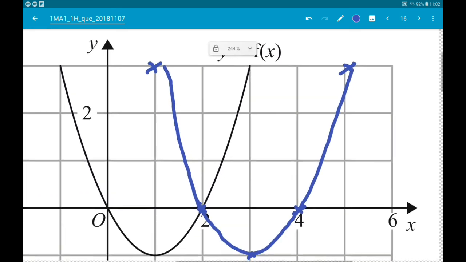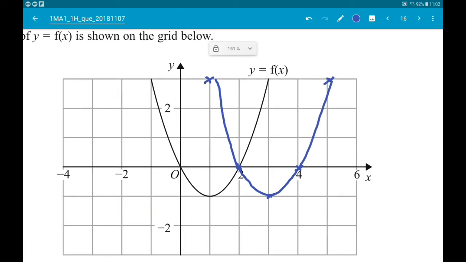So, that is the sketch of our translated graph.